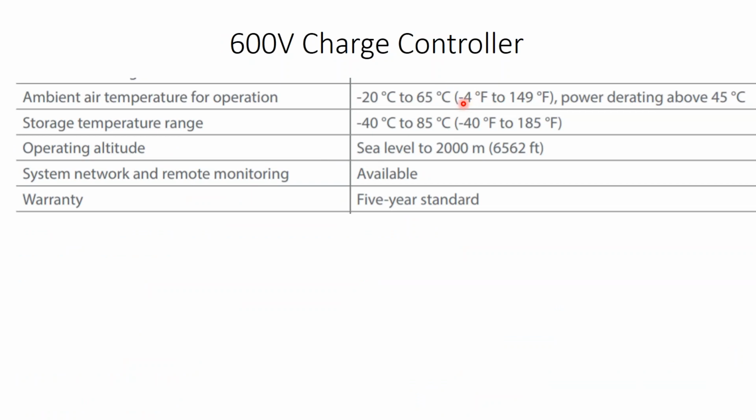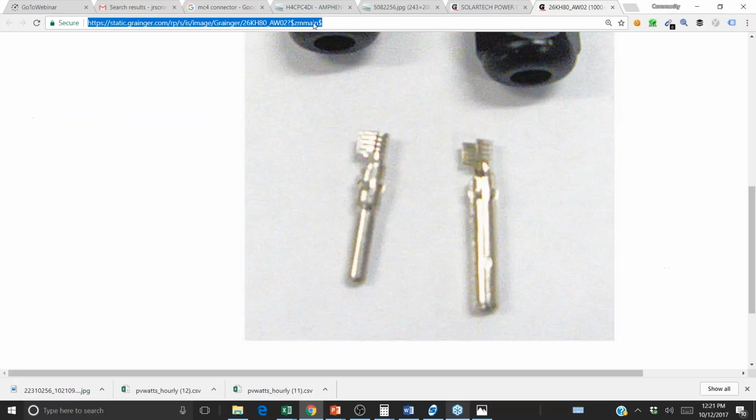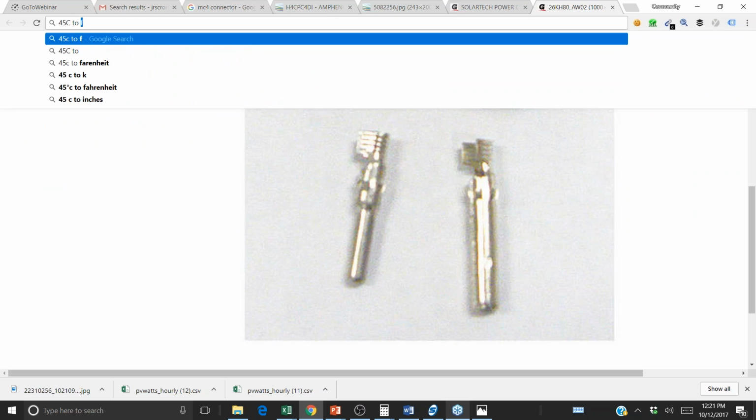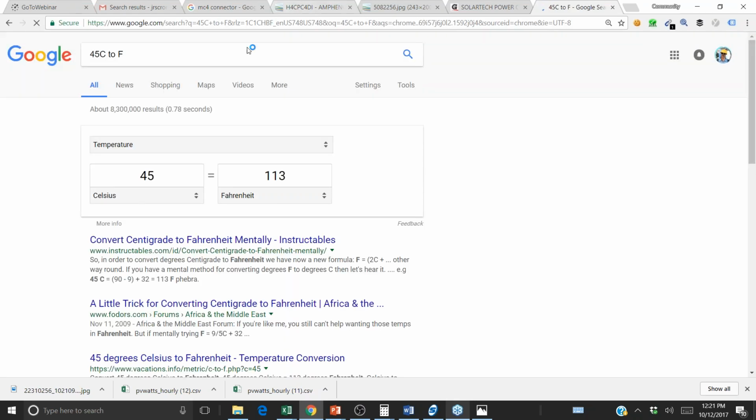Temperature ratings. This one was kind of an interesting one to me. We have ambient operation from -20 to 65. And then we have power rating above 45 C. And so I'm thinking, well, what is 45 degrees Celsius? I'm in the US, so I'm Fahrenheit. It's 113 degrees Fahrenheit.